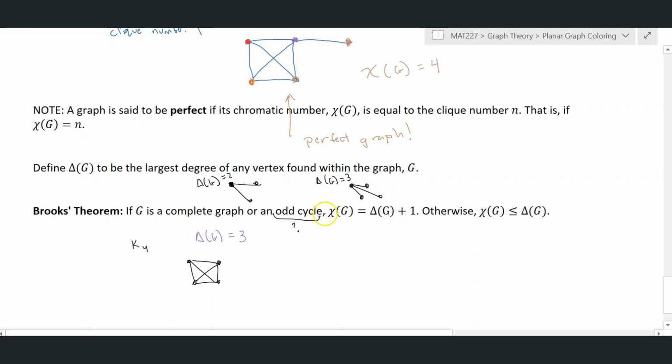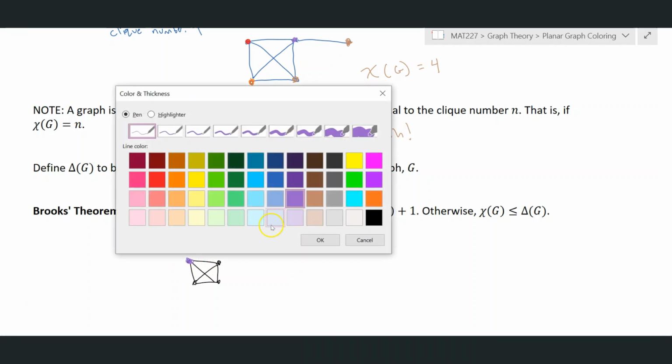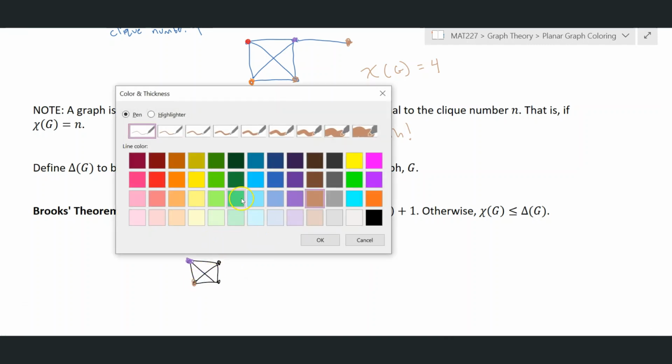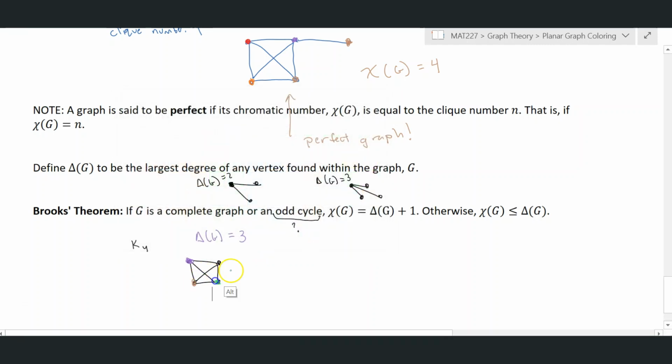And this says that the chromatic number is 3 plus 1 more. Well, that should make sense because if this one has any color, then these other 3 vertices have to have 3 different colors. And that's the delta G part, right? Those are all adjacent and will have to be colored differently. And then the plus 1 comes in for the original vertex.